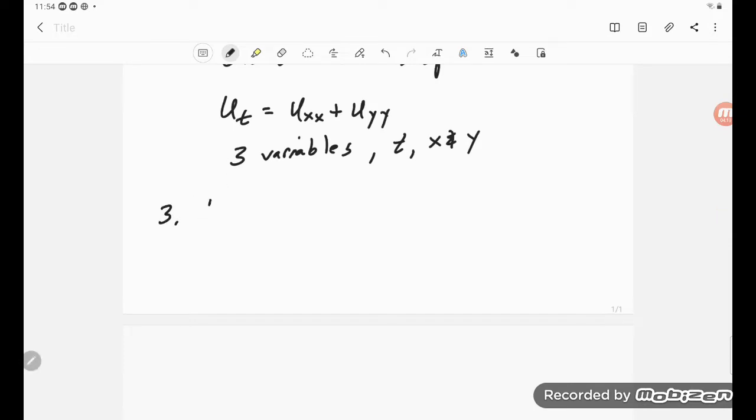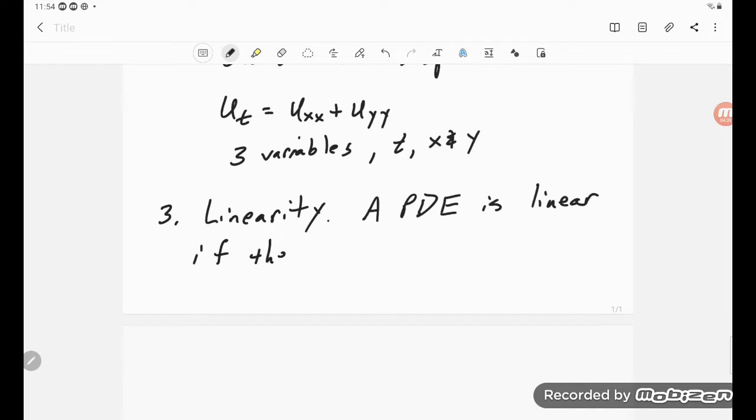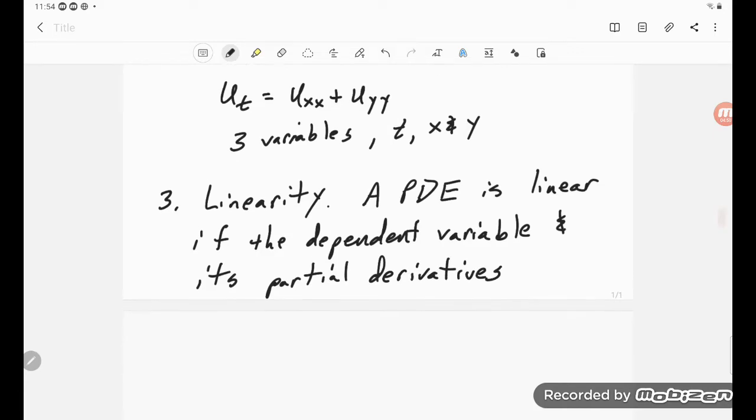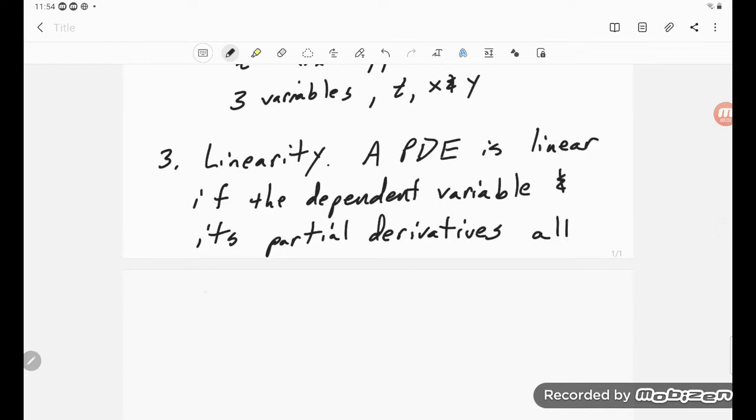Okay, so next is linearity. A PDE is linear if the dependent variable and its partial derivatives all appear in a linear fashion.